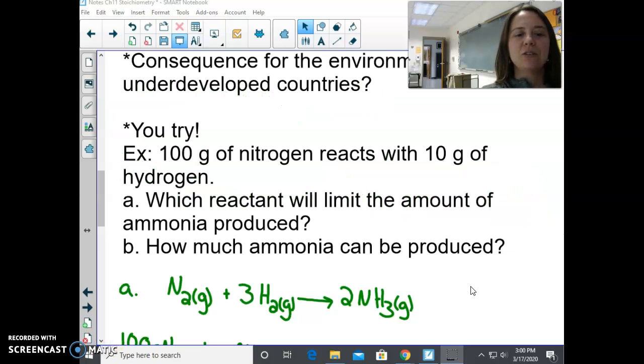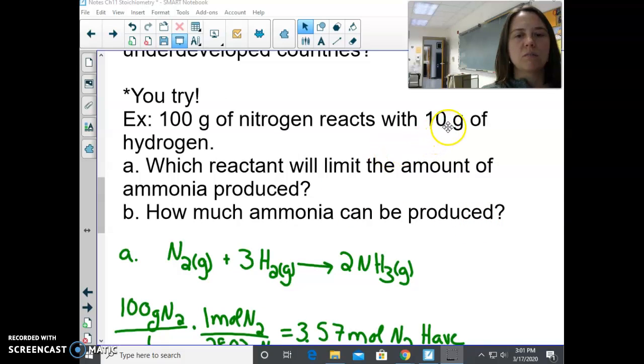And then finally, you should check if it makes sense. We did figure out how much ammonia could be produced, and which reactant would be the limiting reactant. Let's see if we got a reasonable answer. If we start out with 10 grams of hydrogen, and each mole is about 2 grams, we would have about 5 moles of hydrogen.